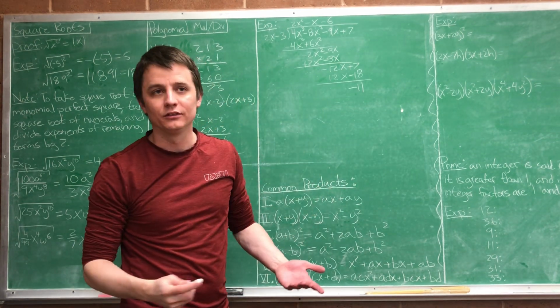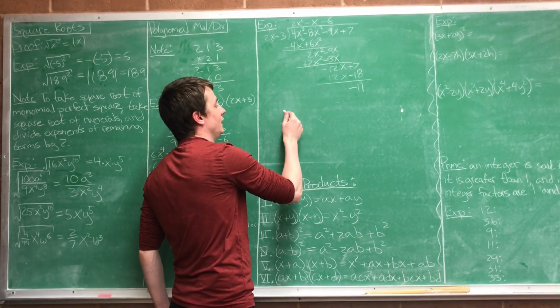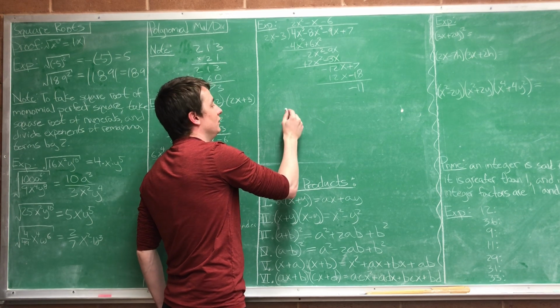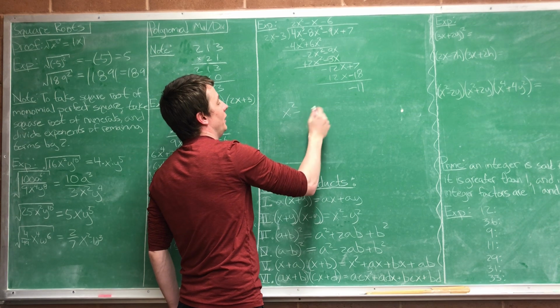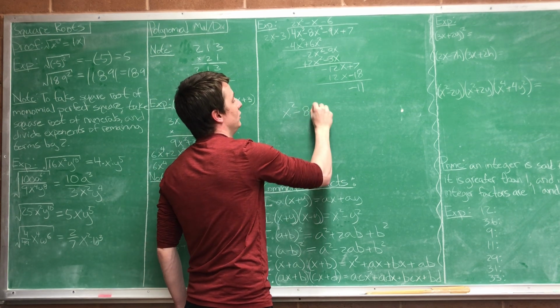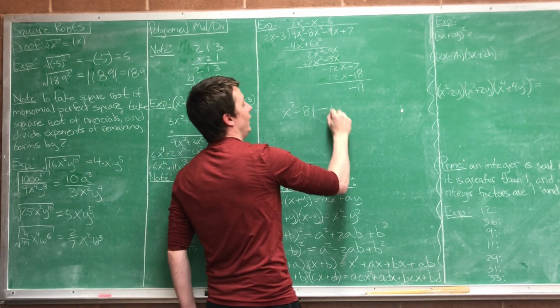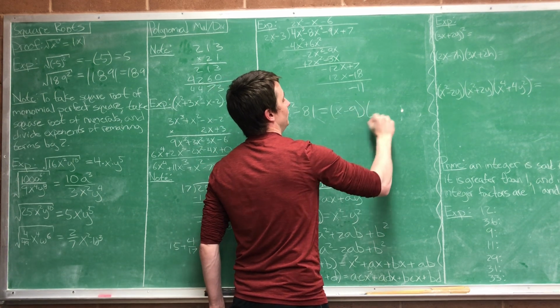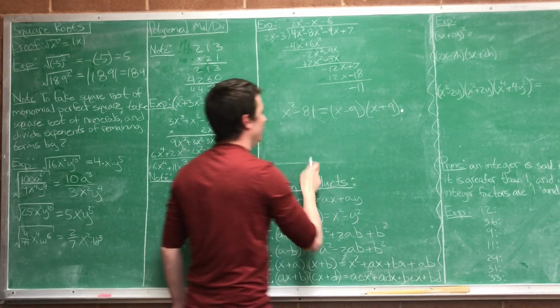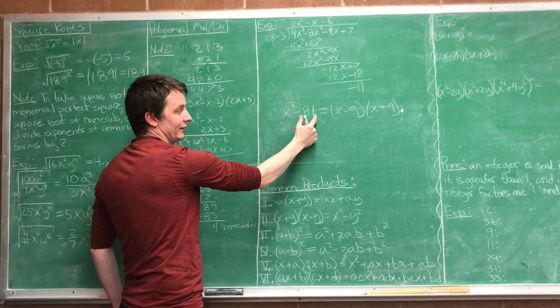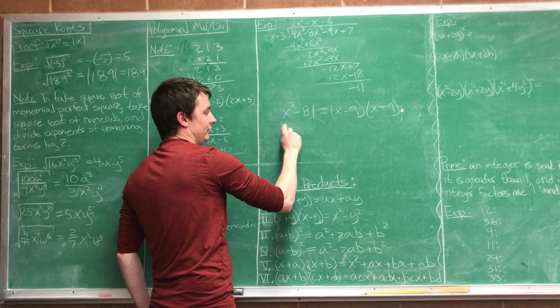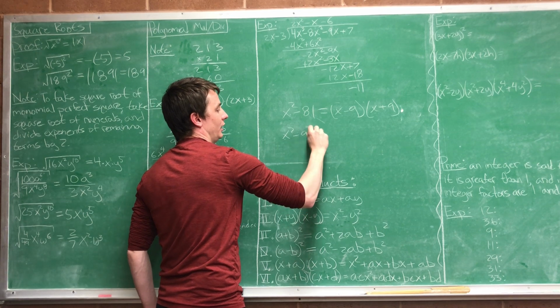Like if you ask me to calculate something like x squared minus 81, I instantly think in my head, that's x minus 9 times x plus 9. And that's using this, right here. I have something squared minus something squared. Notice that this is the same thing as x squared minus 9 squared, right?